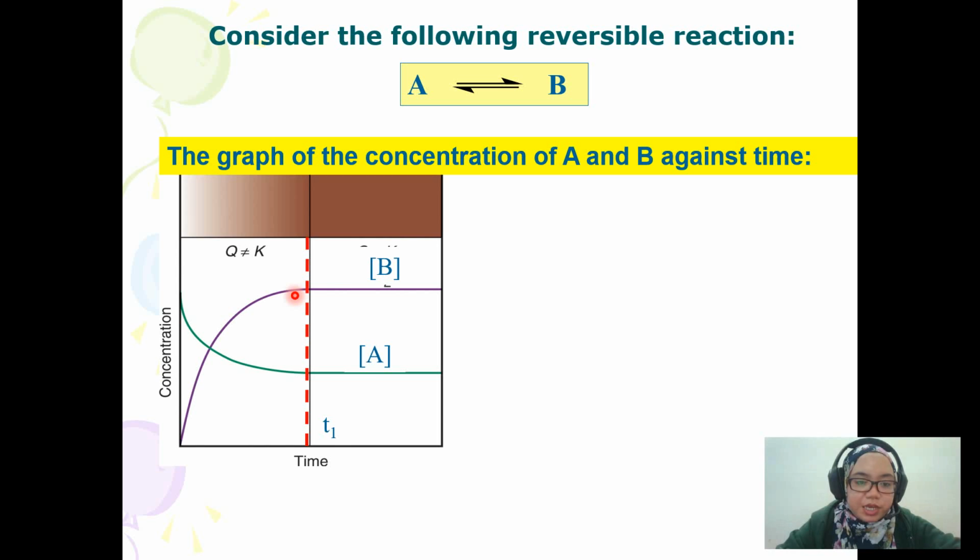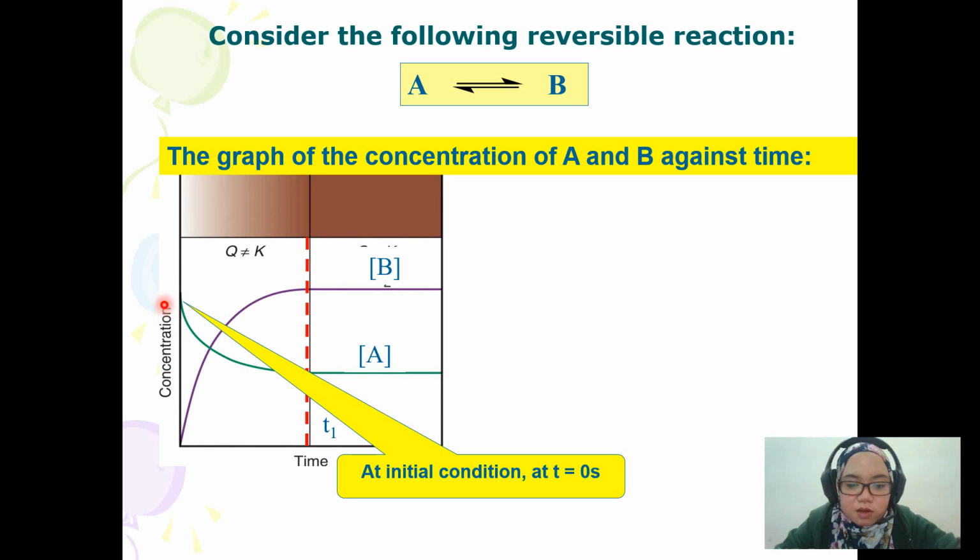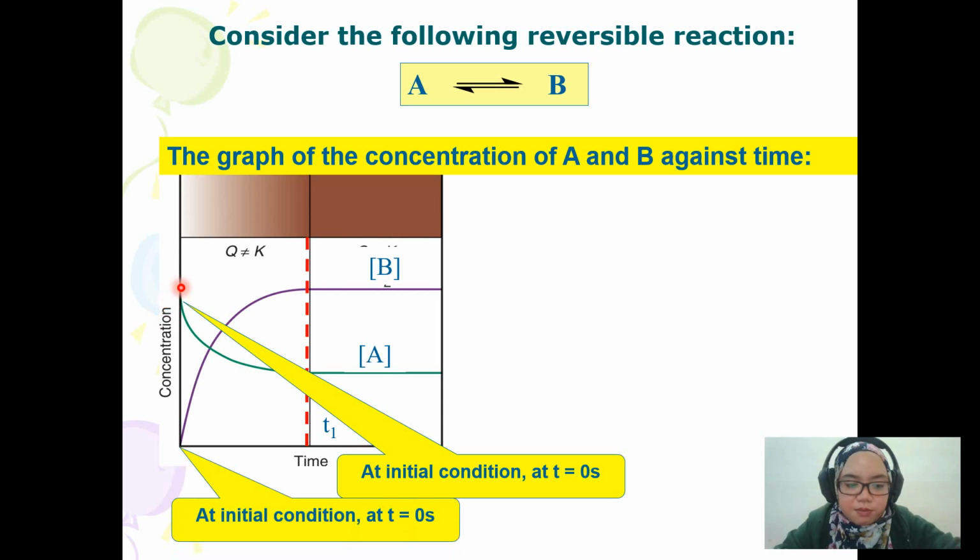Okay, let me explain again. So concentration of reactant A decreases with time for forward reaction. The concentration of product B increases with time for a forward reaction. But they both remain constant at time equals T1. Look, at initial condition the time is zero, 0 seconds.